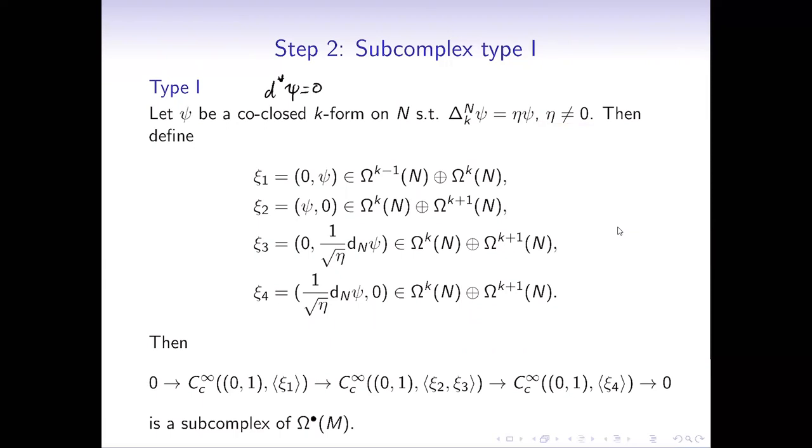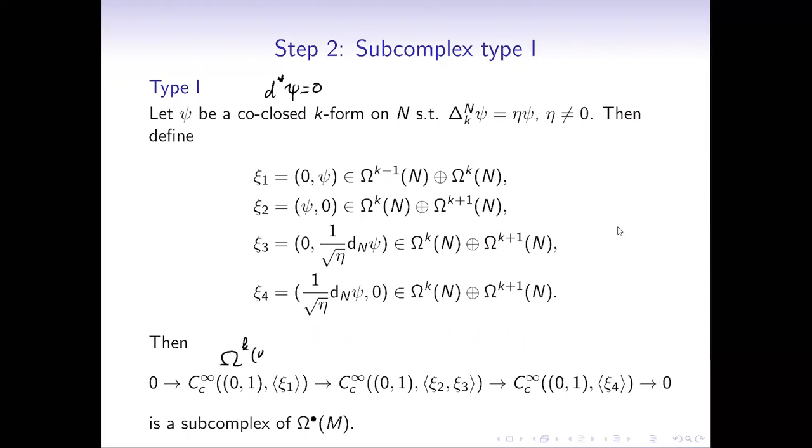Okay, so then defining these four vectors, we can get a subcomplex like here. So this is in order k. Let me just write it like this.